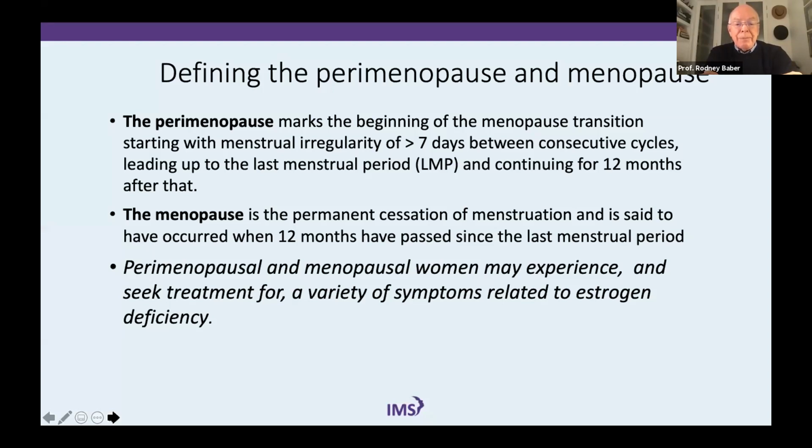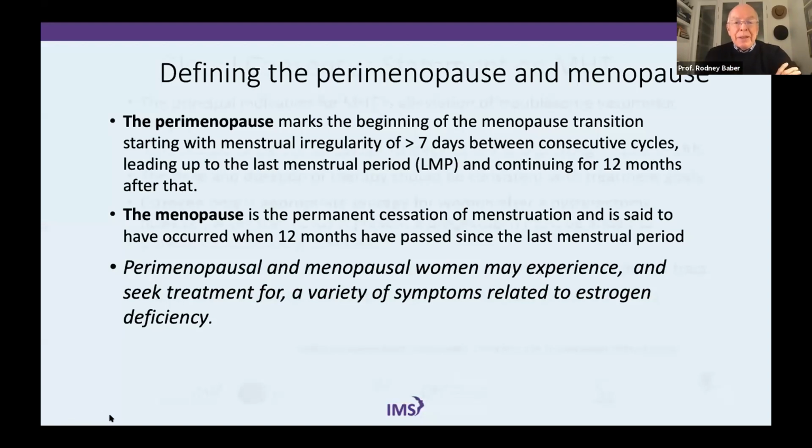Both perimenopausal and menopausal women may experience and seek treatment for a variety of symptoms which are related to estrogen deficiency. Quite often, by the time they get to you, they will have tried many things. But we know from research, from meta-analyses, from Cochrane systematic reviews, that the most effective treatment for menopausal symptoms is menopausal hormone therapy.